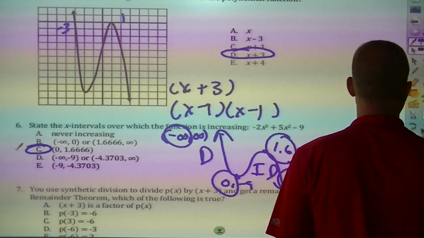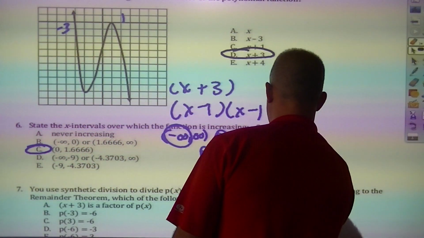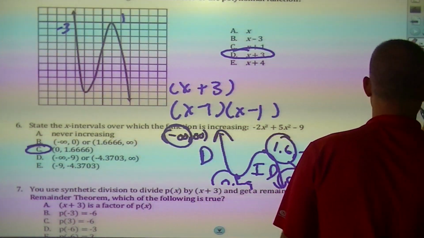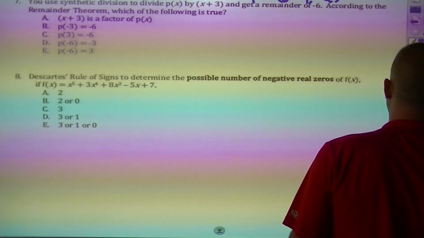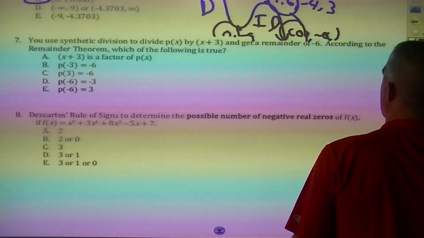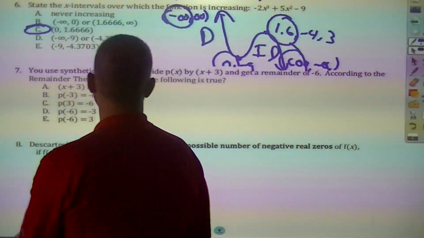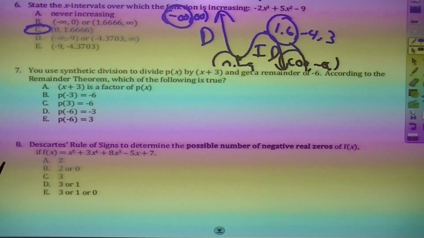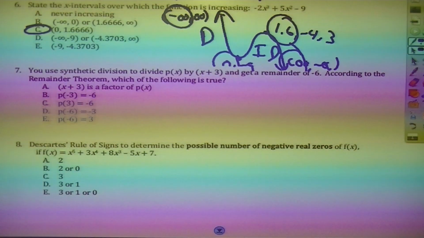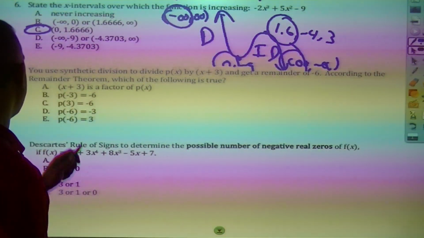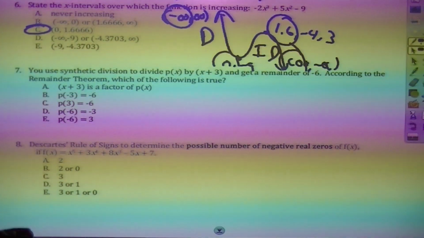Okay? Let me erase some of this stuff here so I can see. All right. It says use synthetic division to divide by x plus 3 and get a remainder of -6. According to the remainder theorem, which of the following is true?